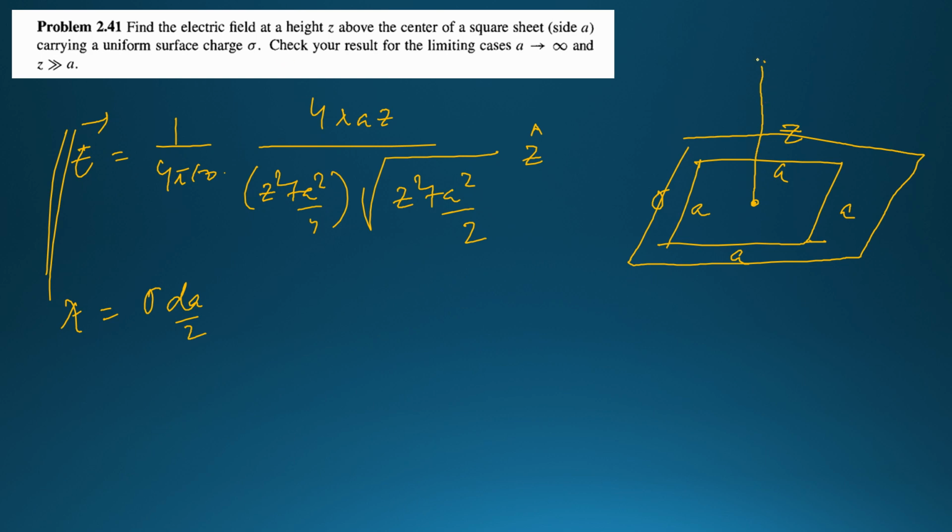What is the z distance here? Carrying a uniform charge density sigma. Check your result in the limiting case. This is the formula I remembered for the electric field at the center. No, I'm unable to solve it. I'm sorry.